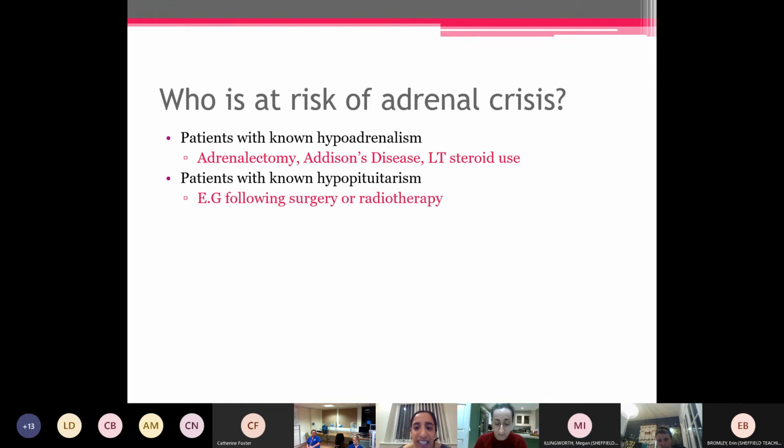Sorry again. Helen's asking, what about patients presenting with palpitations or thyroid patients as a cause? Are they at risk of adrenal crisis? So let me think. Patients presenting with palpitations who are subsequently found to have hyperthyroidism.